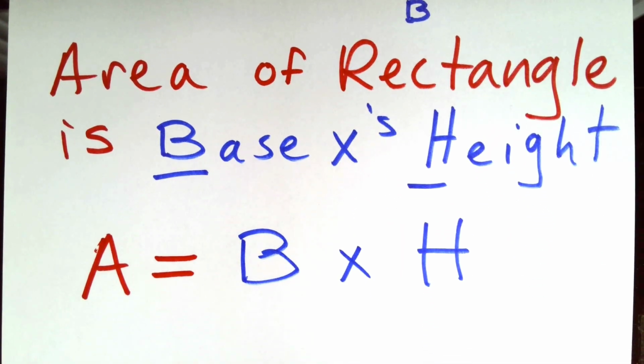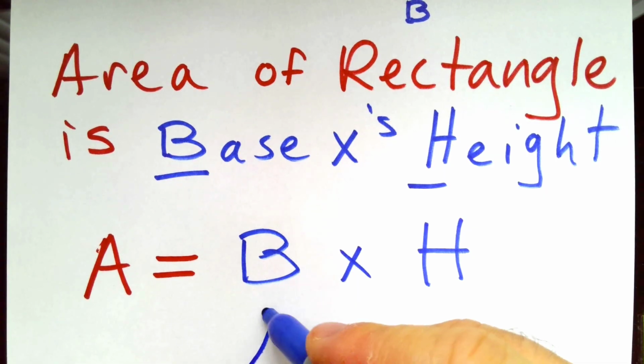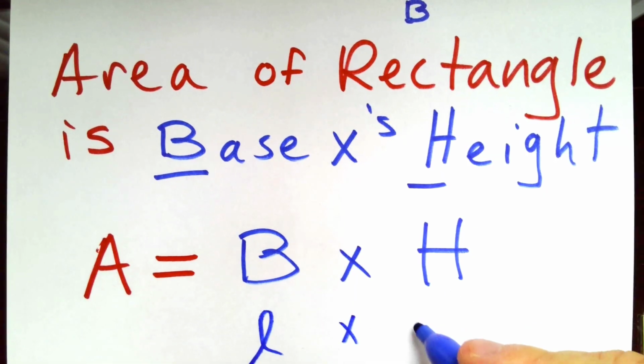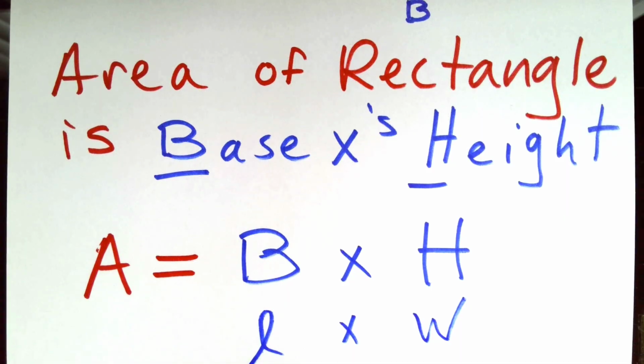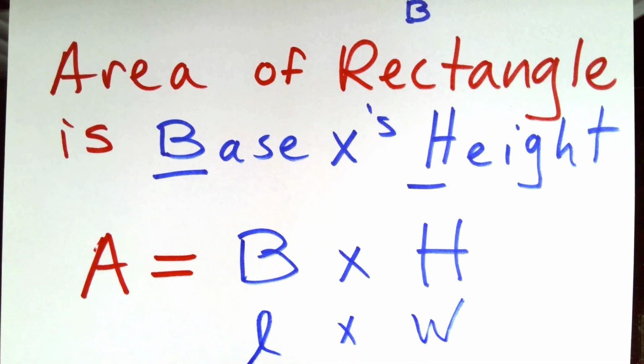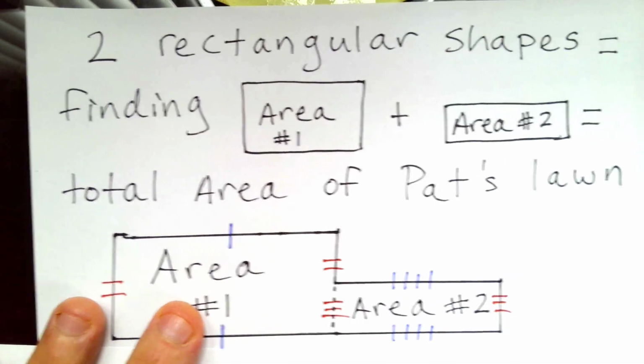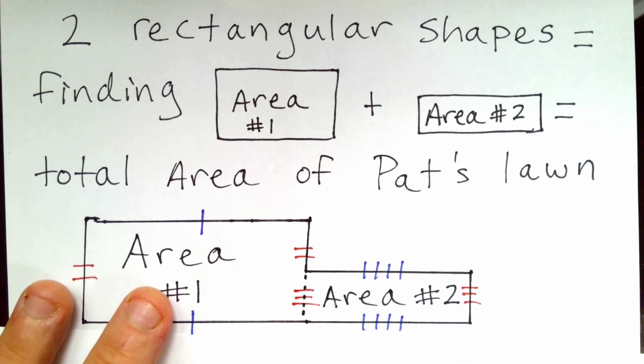This could also be not only base times height, but length times your width values. I know I spoke about it, but I wanted to show you because it's very helpful. This is really key and important.